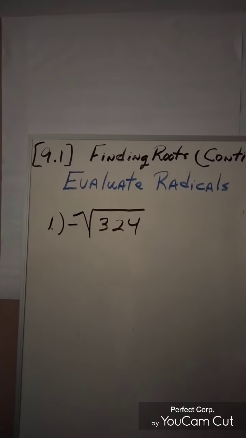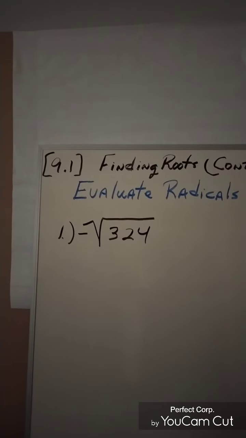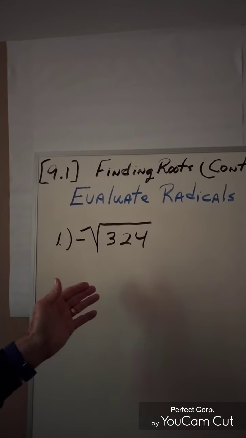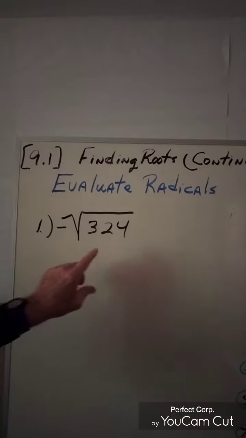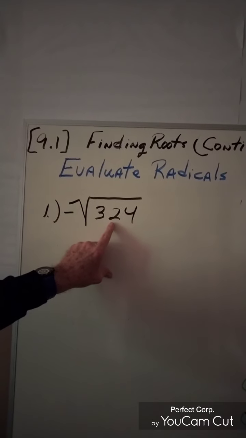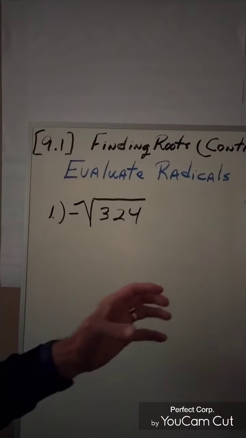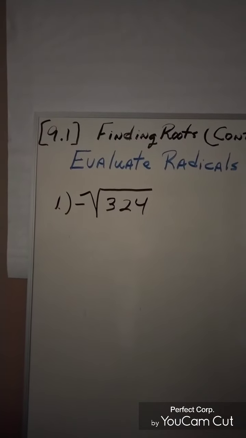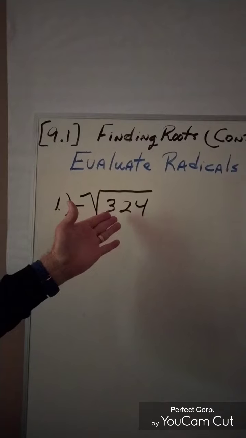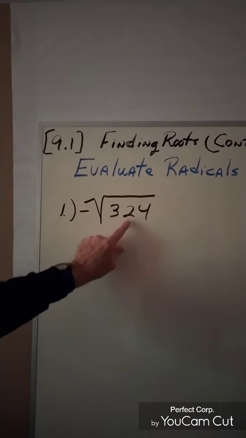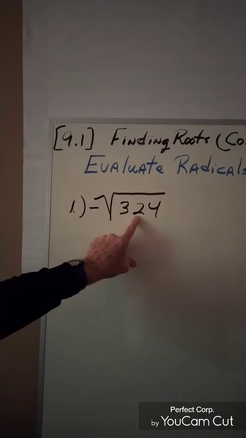Now I started off with this one to make a key point. Obviously, one thing that a student can do is they can punch in 324 into the calculator, hit the radical button on the calculator, and I believe it will produce 18, which is the rational root for the radical of 324.